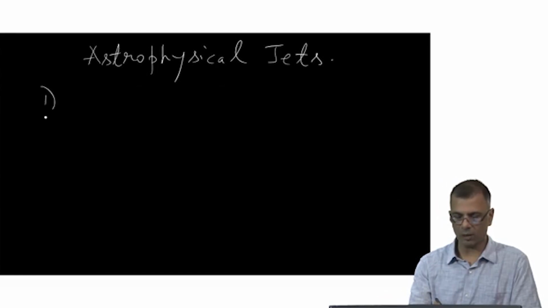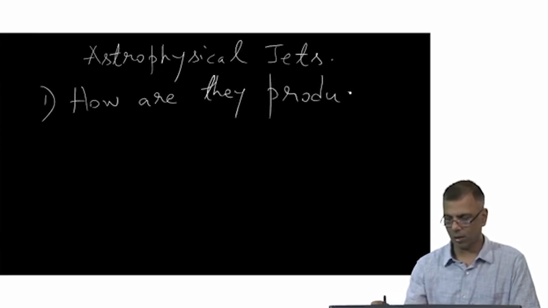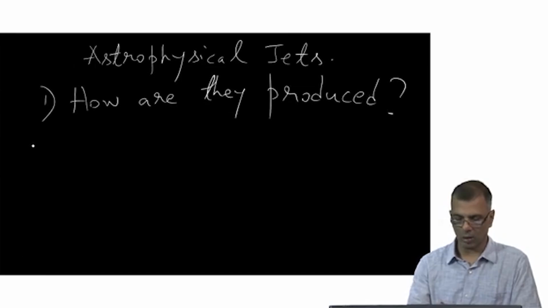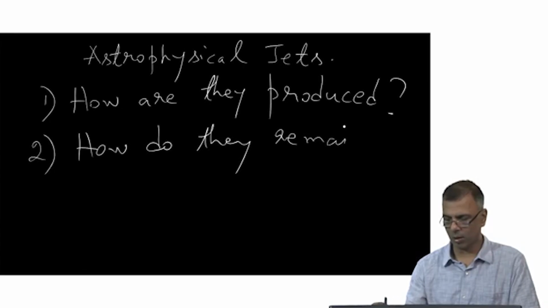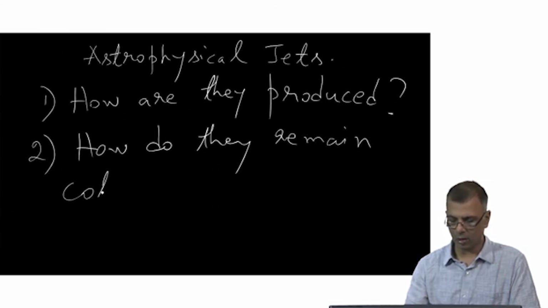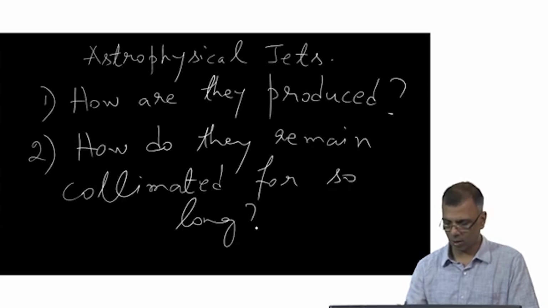One is how are they produced? Another is how do they remain collimated for so long, right?